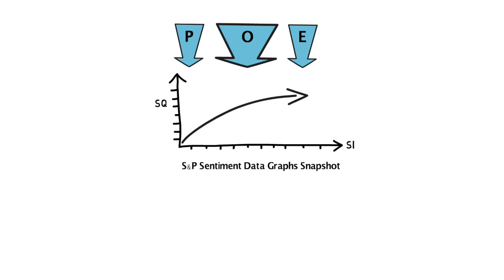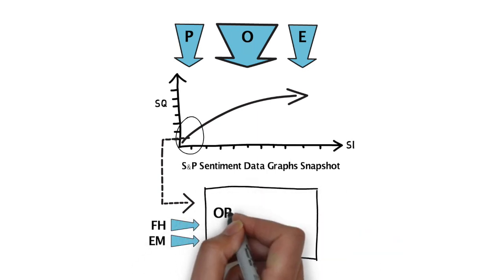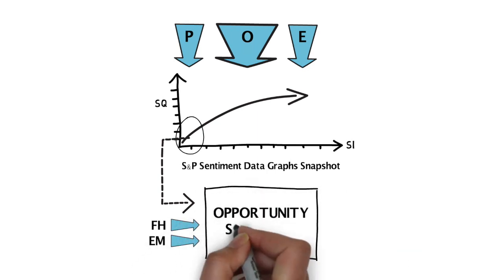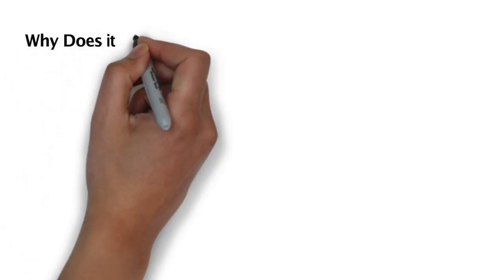In addition to SI and SQ, the Valdex engine generates 2 other signals daily, FH and EM, that when combined with SI and SQ can yield specific buy-sell strategies by identifying value-based opportunities, those with pessimistic views but strong internal results. But why does Valdex work?